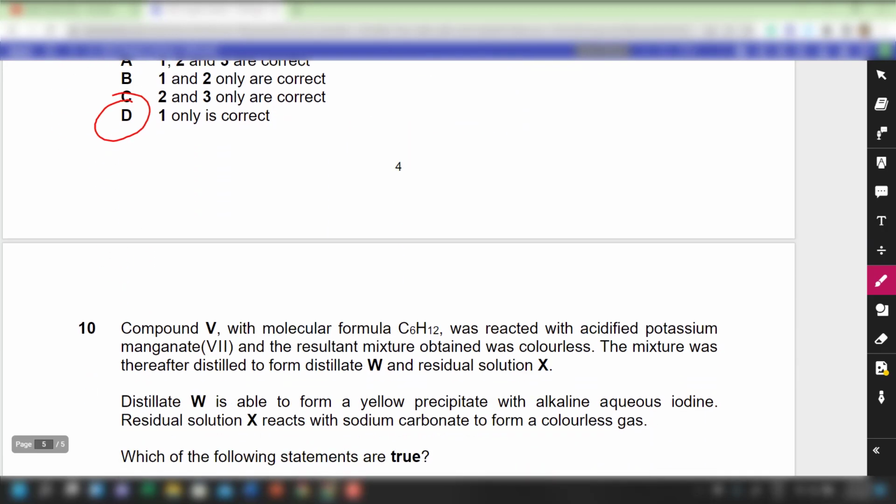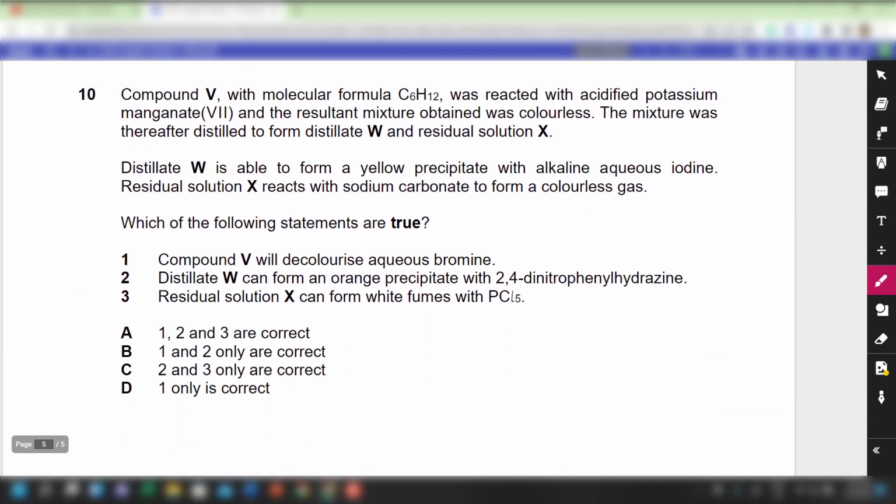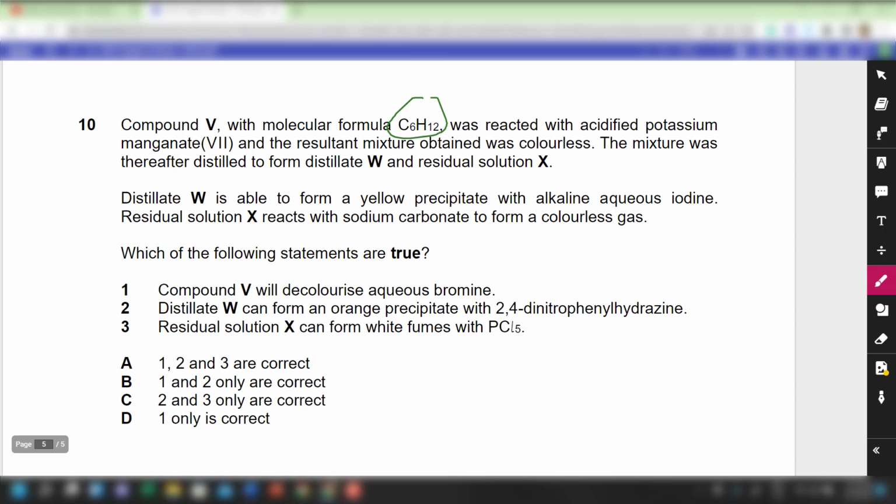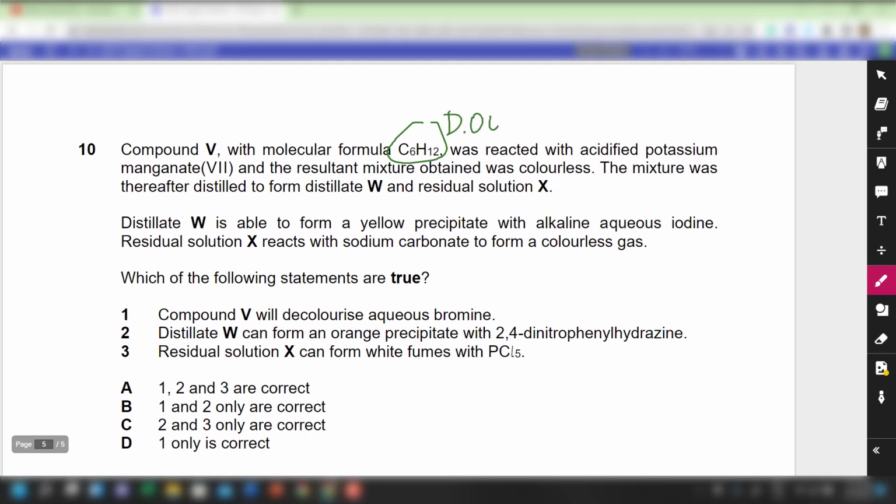Okay, finally, we have question 10. Compound V with molecular formula C6H12, we can easily perform a degree of unsaturation calculation to be 1, was reacted with acidified potassium permanganate, and the resultant mixture obtained was colorless. The mixture was therefore distilled to form distillate W and residue X. Okay, so there are 2 components.